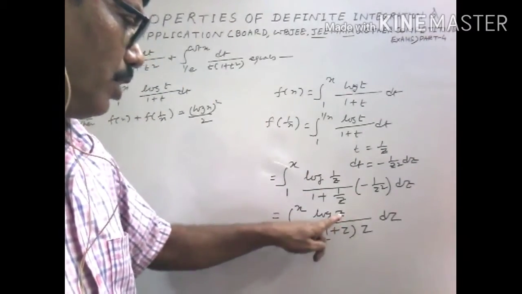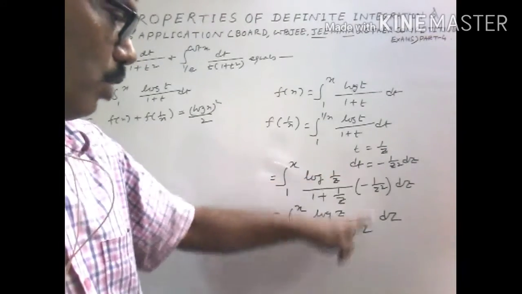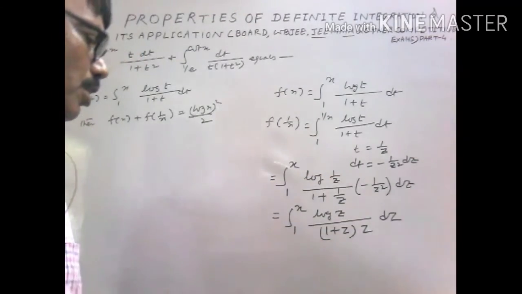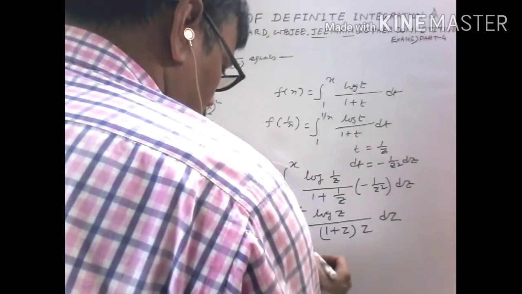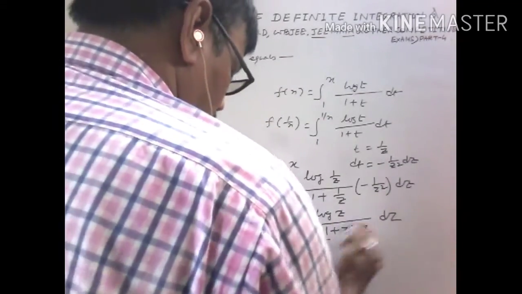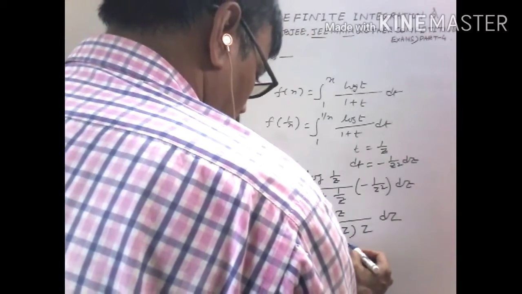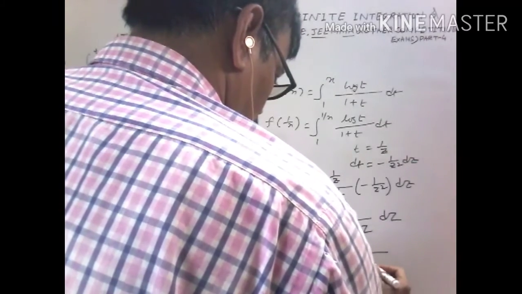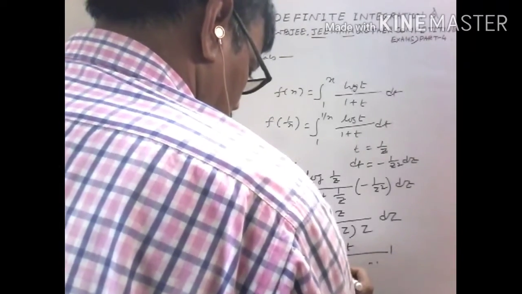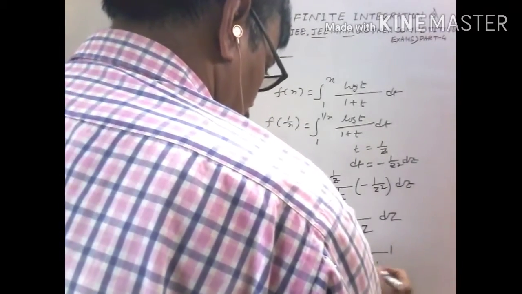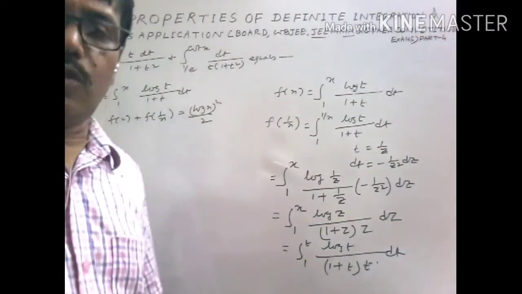Log 1 is 0, so this minus becomes plus. So this z will be at the numerator. One z is cancelled out. 1 to x. Now we can change the limit. This is dummy variable z. 1 to x of log t by 1 plus t into t dt.